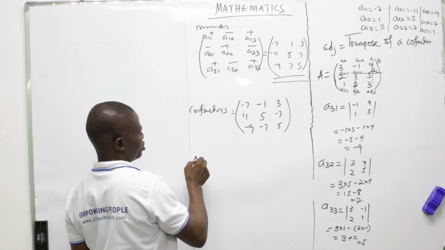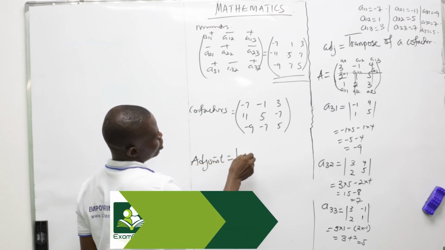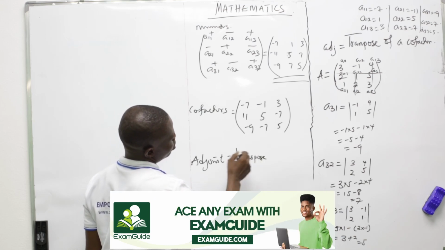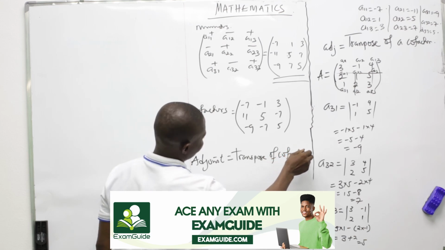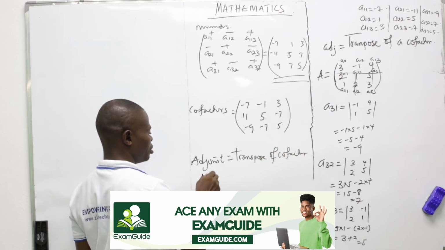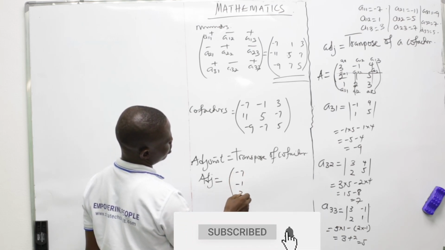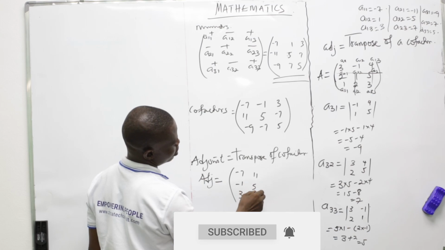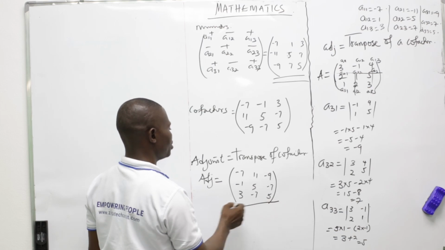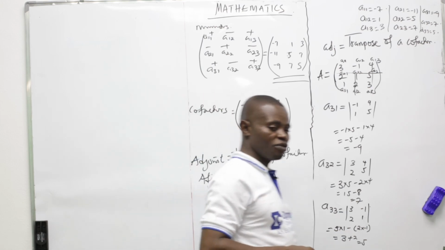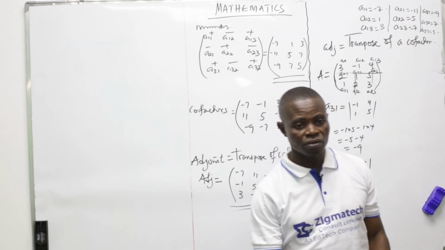Then adjoint. Adjoint equals what? The transpose of the cofactor. Therefore, ADJ equals minus 7, minus 1, 3, 11, 5, minus 7, minus 9, minus 7, and 5. This is the adjoint of the matrix.